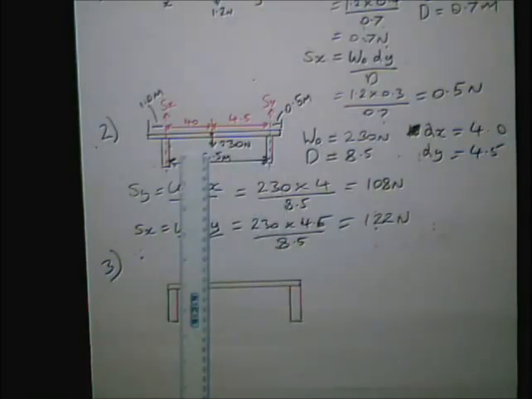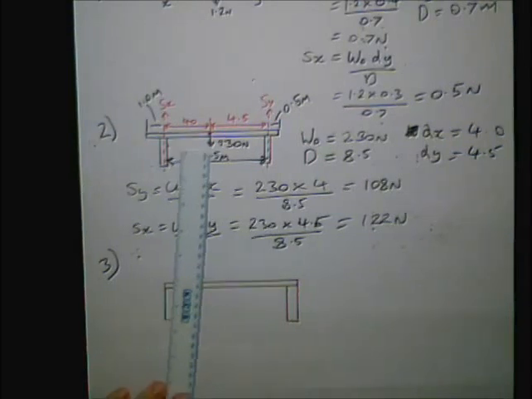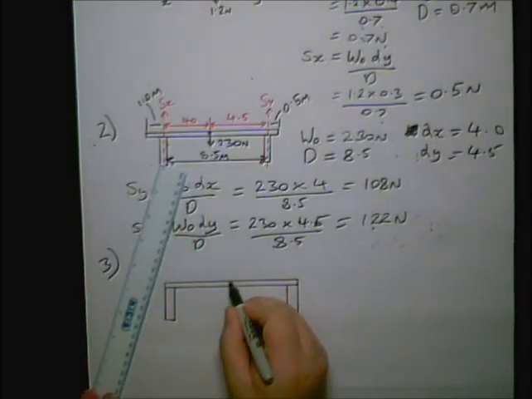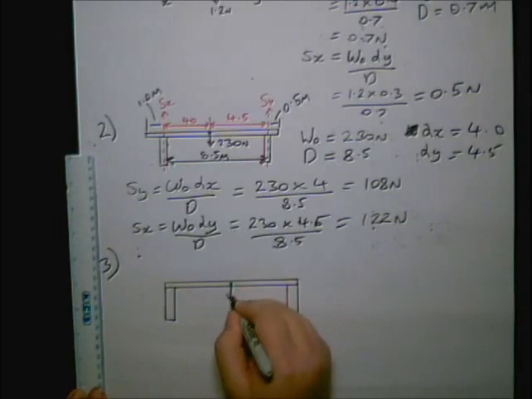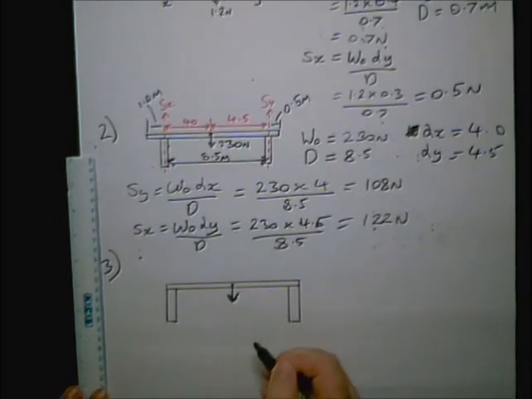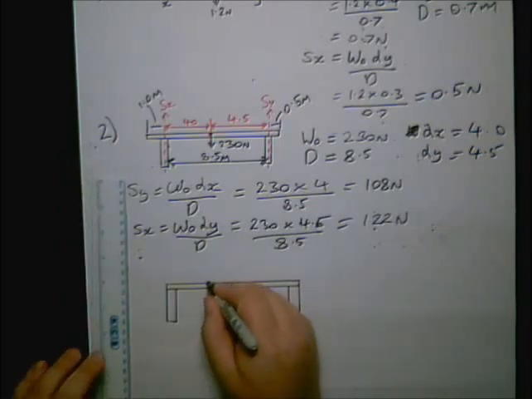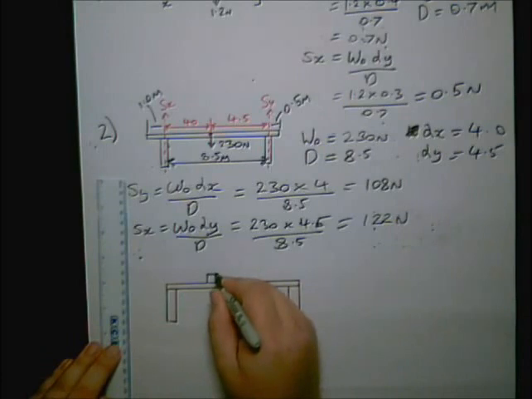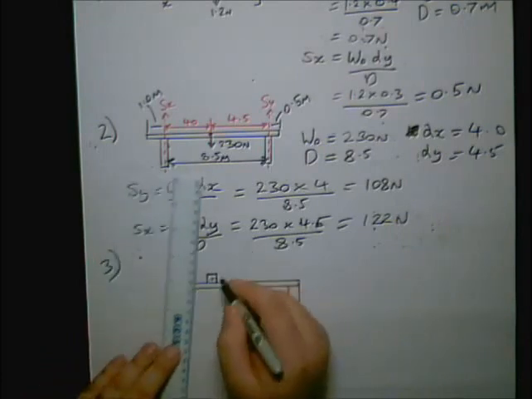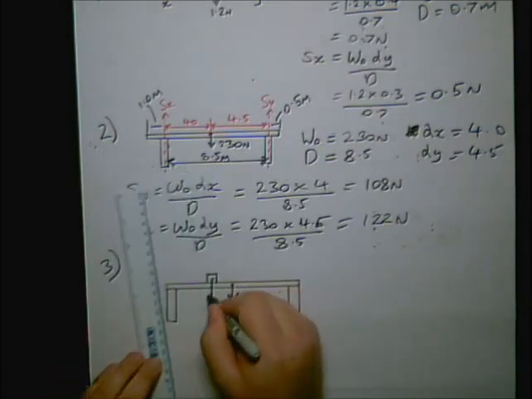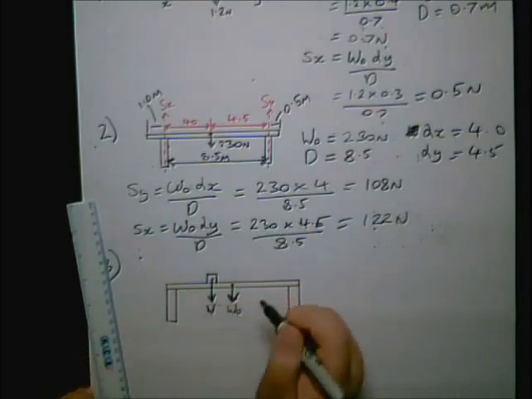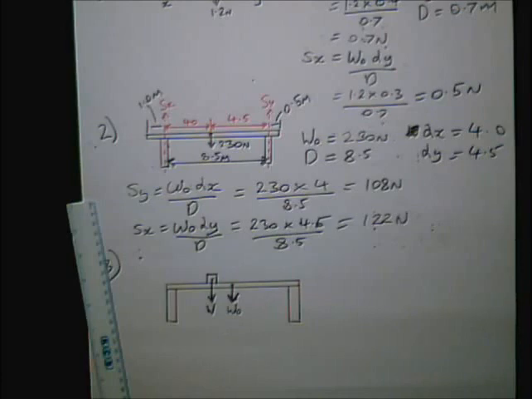And we have a weight of the span, which we call W0. This time we have a new part, if you will, of a weight here of the lorry, which we'll just call W. So W and W0 in this case.